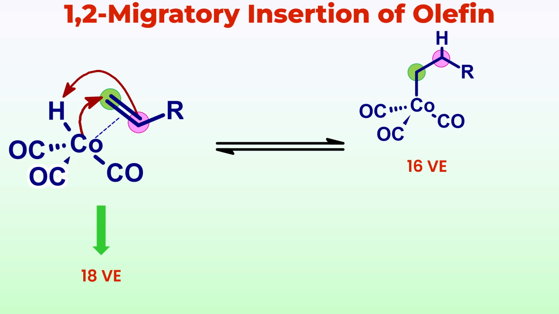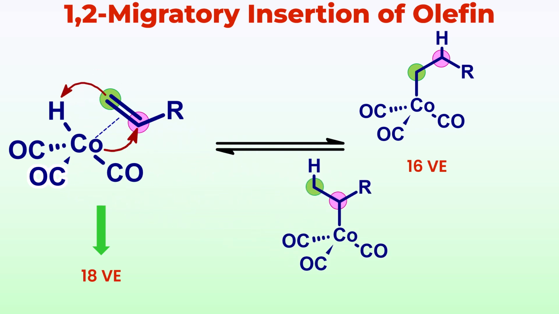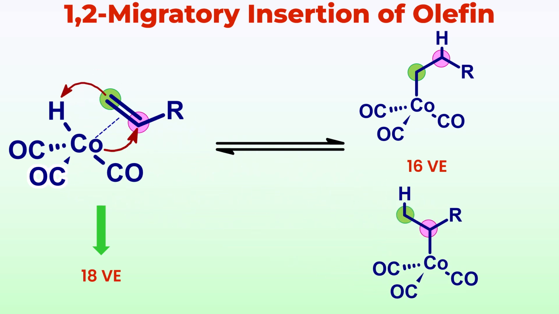If hydrogen adds to the less substituted carbon, a 16 electron complex with a branched alkyl group as a ligand is formed. Both pathways are possible. However, the pathway leading to the linear alkyl complex is favored and gives the major product.